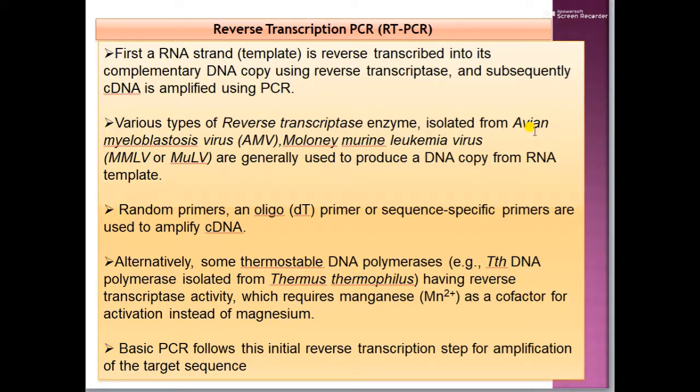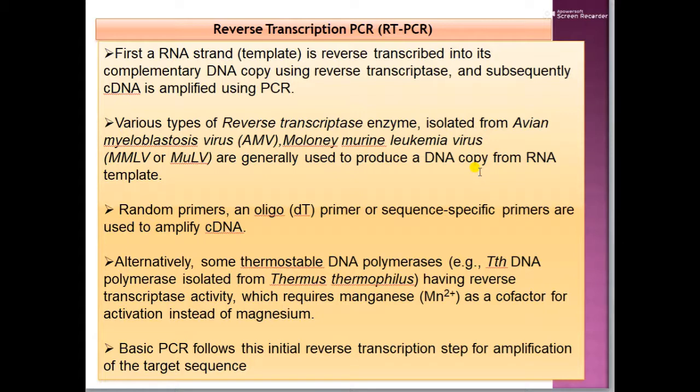And these reverse transcriptase enzymes have been isolated from avian myeloblastosis virus, Moloney murine leukemia virus, etc. And you can see that when you are synthesizing from RNA, you have synthesized the cDNA.